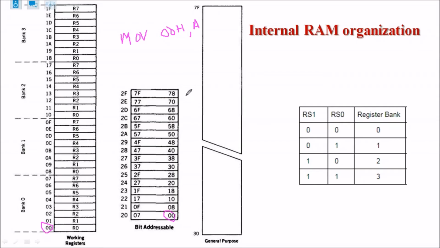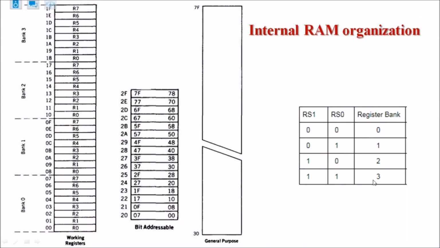Now how will the microcontroller know whether the user wants to use this register or this one single bit? For that, bit addressable instructions are different and byte addressable instructions are different.